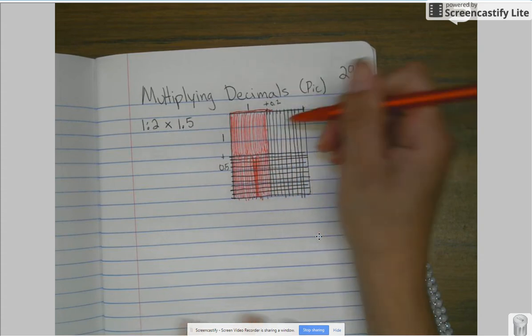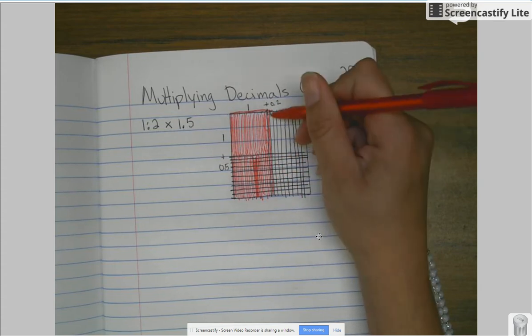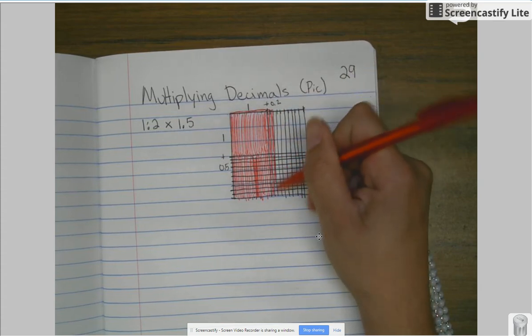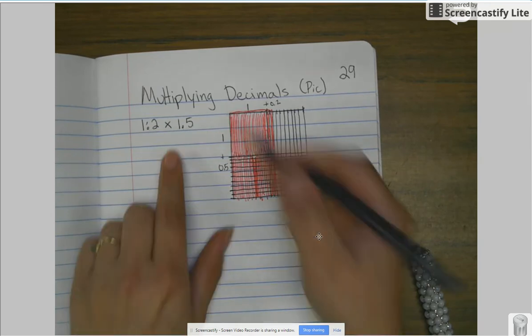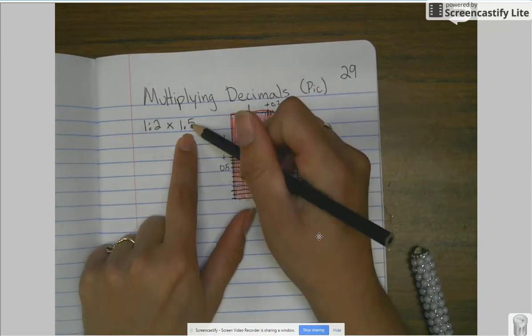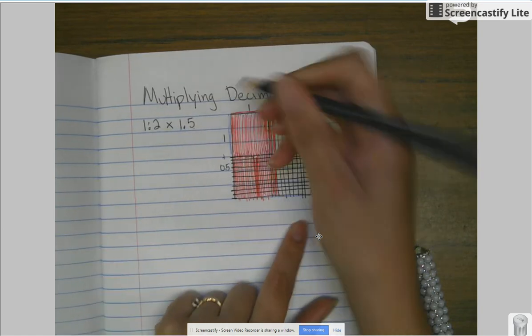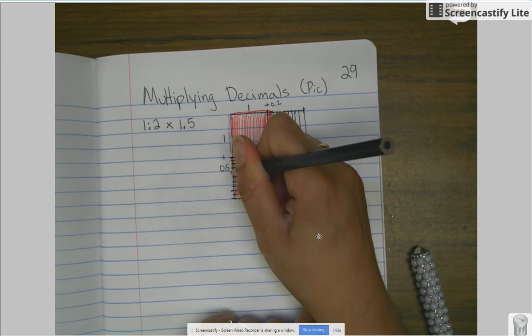Now here we need to be a little more neat, and I need 1 tenth and 2 tenths. Okay, now that I have 2 tenths on the other side, I need 1 whole, so I need 1 complete of that, and 5 tenths more. So I have 1 whole and 1, 2, 3, 4, 5 tenths more.